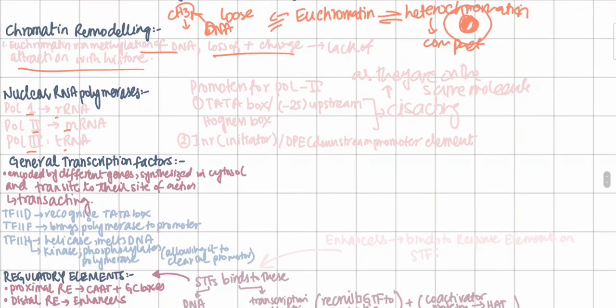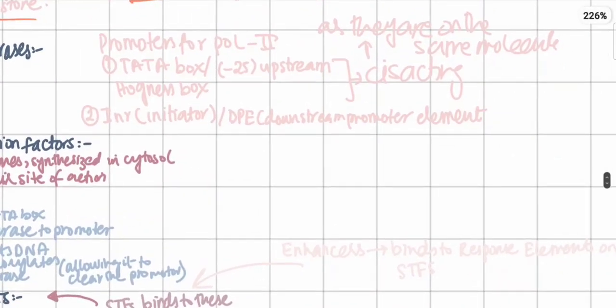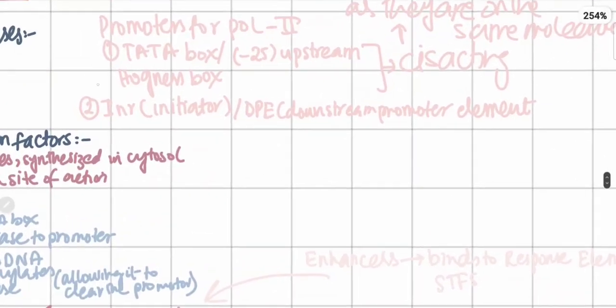Now, the promoter region for pol 2 is the TATA box, and we call it the Hogness box. The Pribnow box is present in prokaryotic transcription, and the Hogness box is in eukaryotes. There are also initiator regions, or downstream promoter elements.